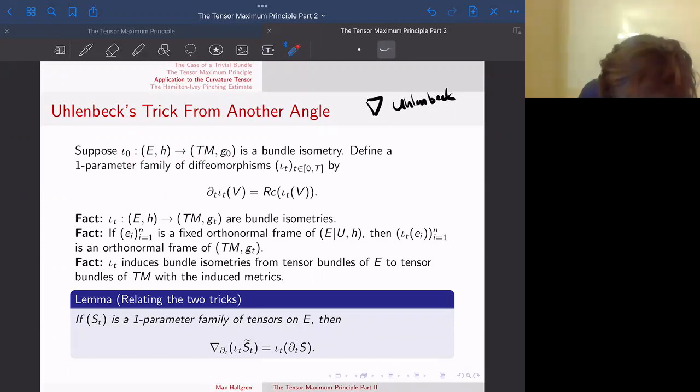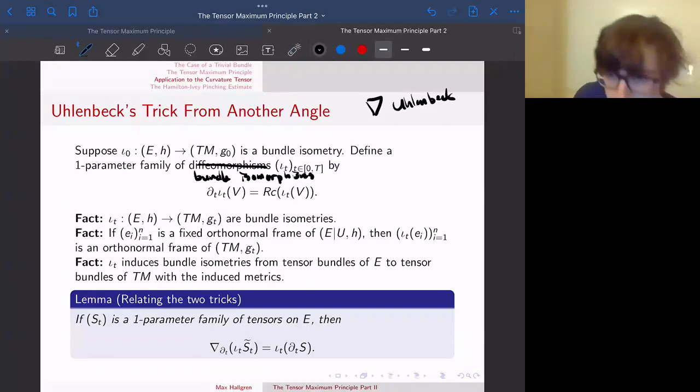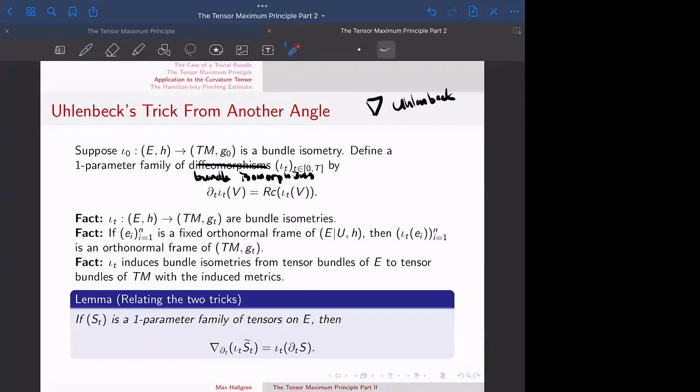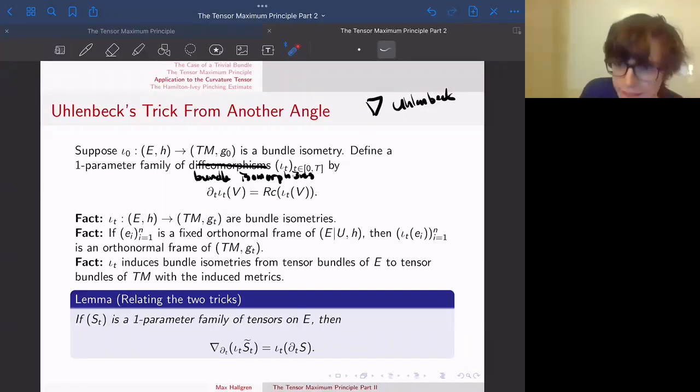Okay, and we're going to define a 1-parameter family of bundle isomorphisms. That just means that it's a map between two vector bundles that, when restricted to each fiber, is a linear isomorphism.